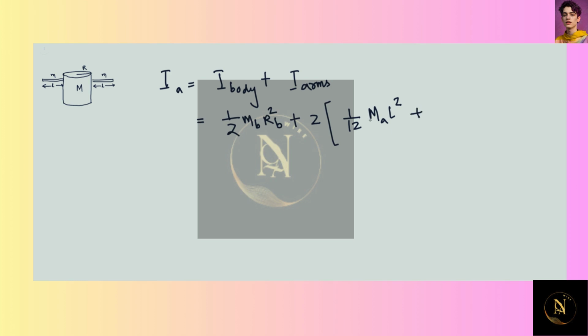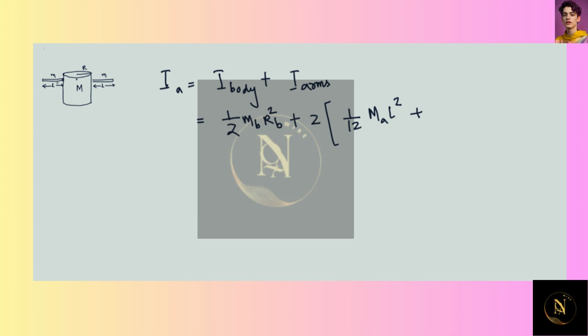So this term is the moment of inertia about the end point of the arm. Now we have to take into account the moment of inertia of this factor from this point to the center.